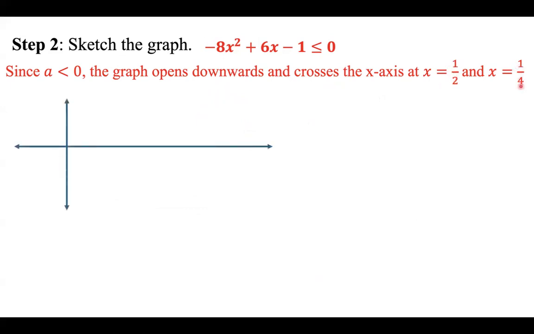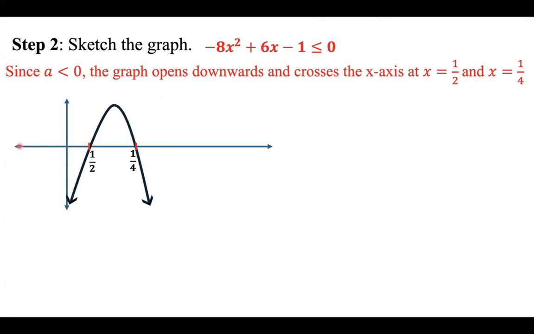So let's go ahead and sketch it. Those are the two x values that would make it equal to 0. And since my a is less than 0, it's going to open downwards. And what am I trying to solve? Well, we're trying to figure out where the function is less than 0. Where, remember, less than 0 means whenever the graph is below the x-axis.